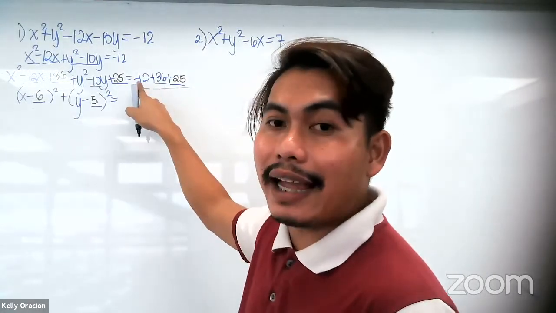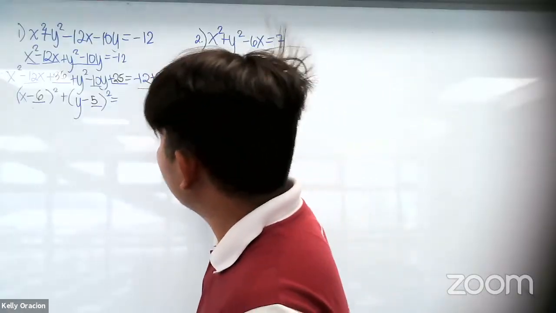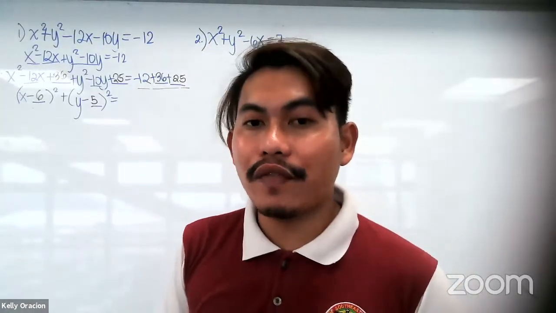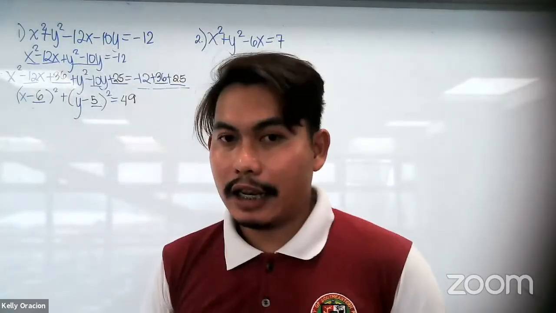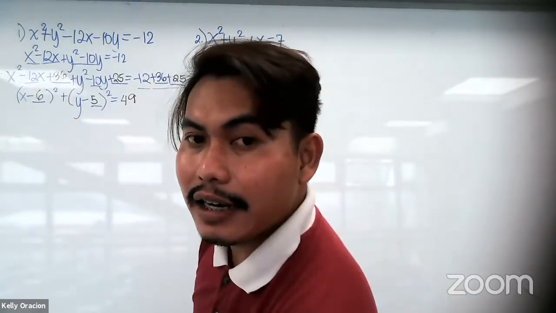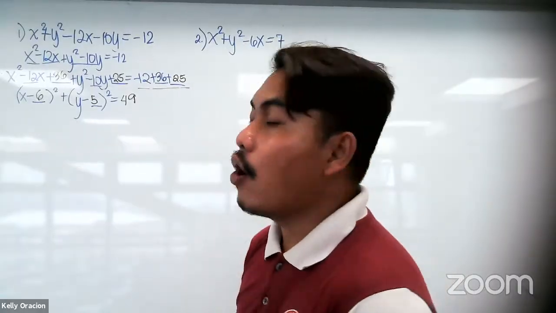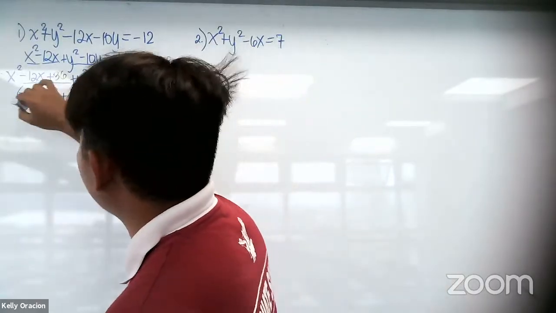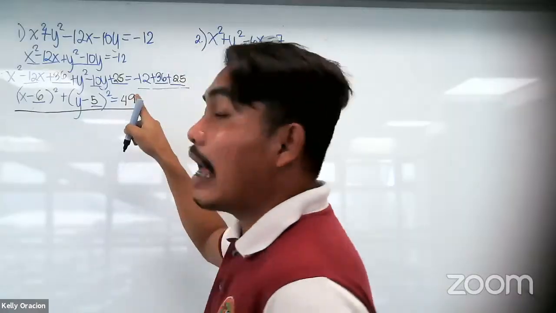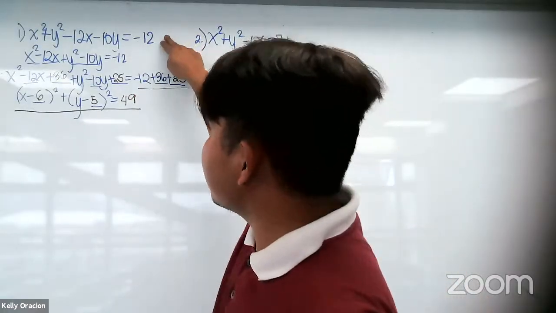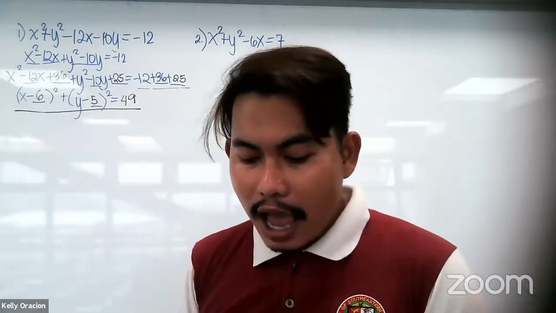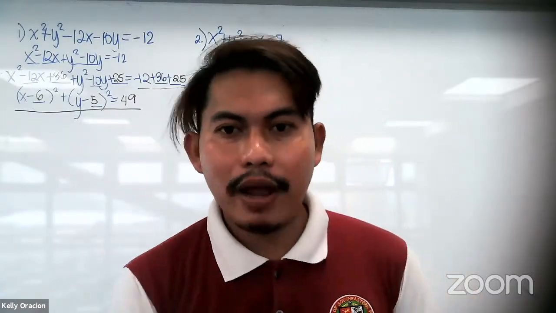I-add mo lahat, negative 12 plus 36 plus 25. That's 49. And this is now your standard form. Ito na yung standard form ninyo. From this to this. Okay? Yan na yung standard form ninyo.